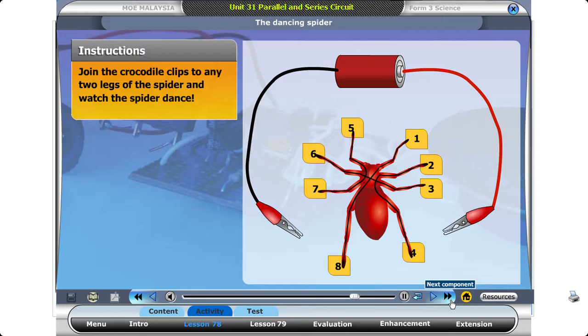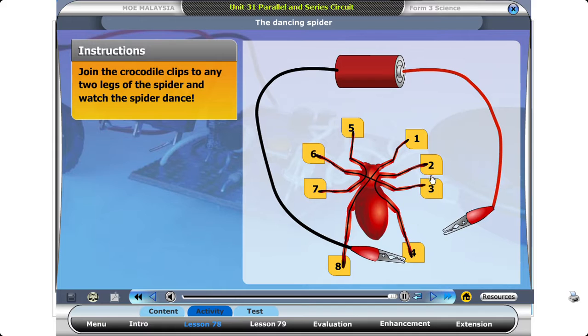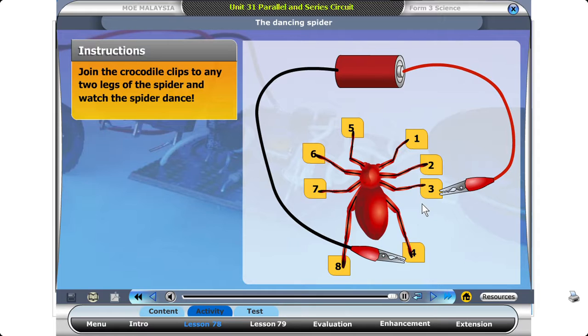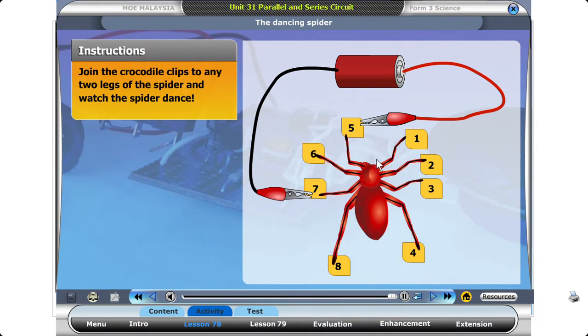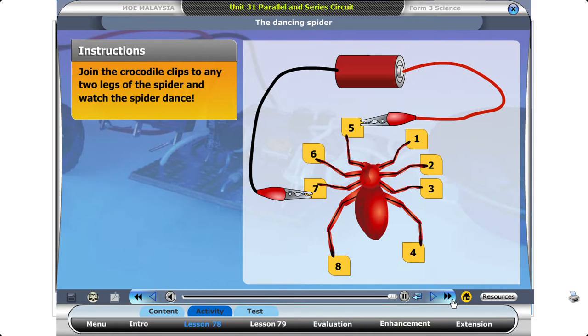Click on the numbers to place the crocodile clips. Try again. Watch the spider dance.